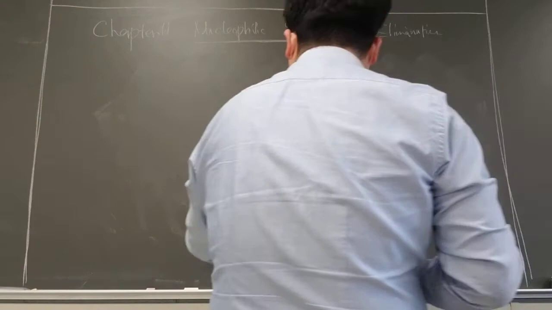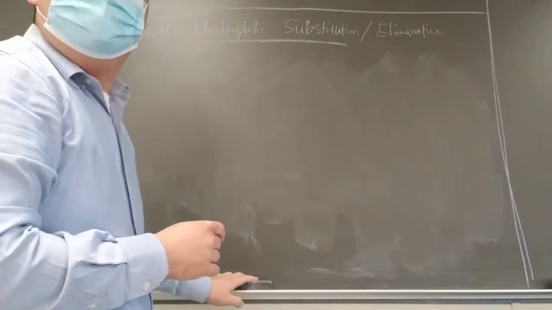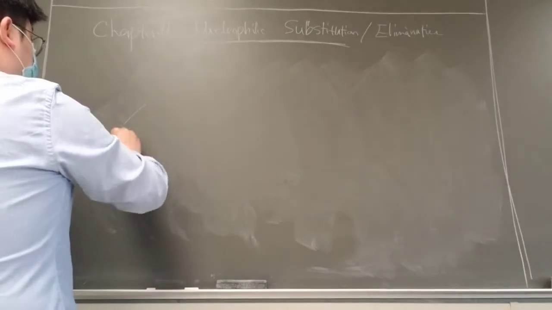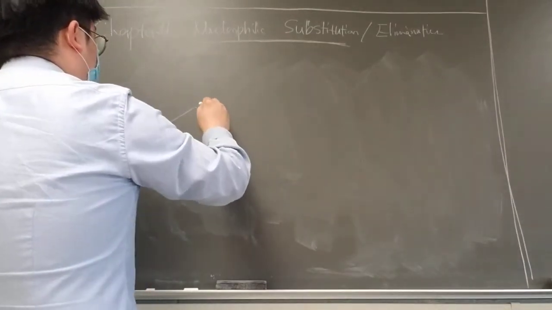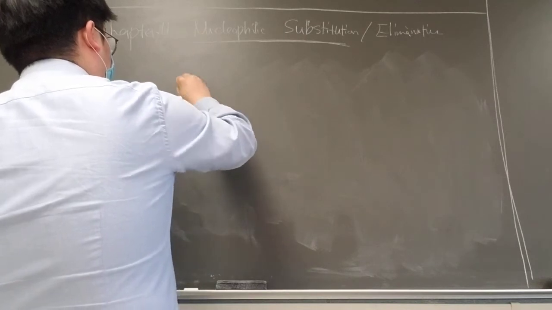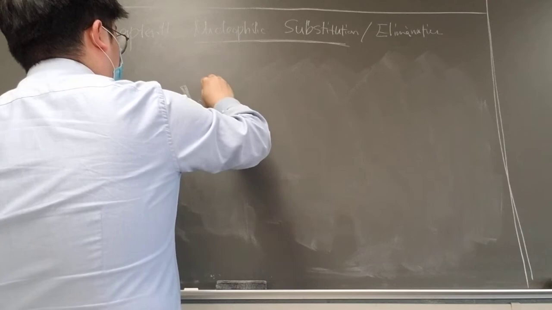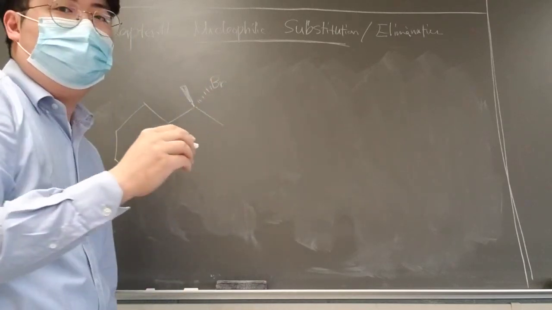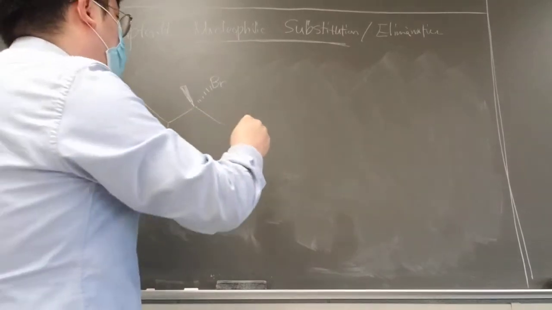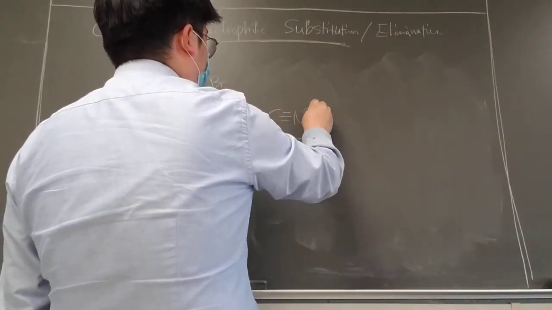Okay. So let me give you one more example. So if you have, how about this one? We have a bromine group over here, and we can actually do it with the cyanide anion.